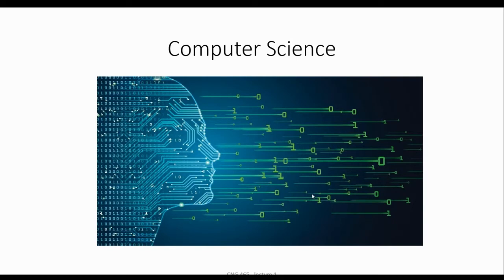And as you can see, these sciences have lots of intersections with one another. And this is the beauty of it. Bioinformatics itself is an interdisciplinary course, and it includes many sciences inside it.